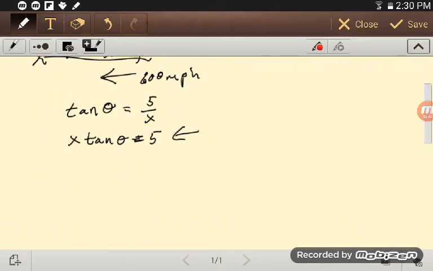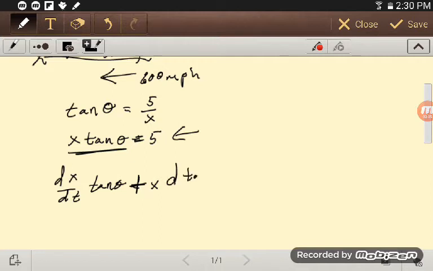And so then we can take derivatives, and we get a product rule when we take the derivative with respect to t. So I have dx dt times tangent theta plus x times the derivative of tangent theta with respect to t, and that equals, well, the derivative of 5 with respect to t is 0.